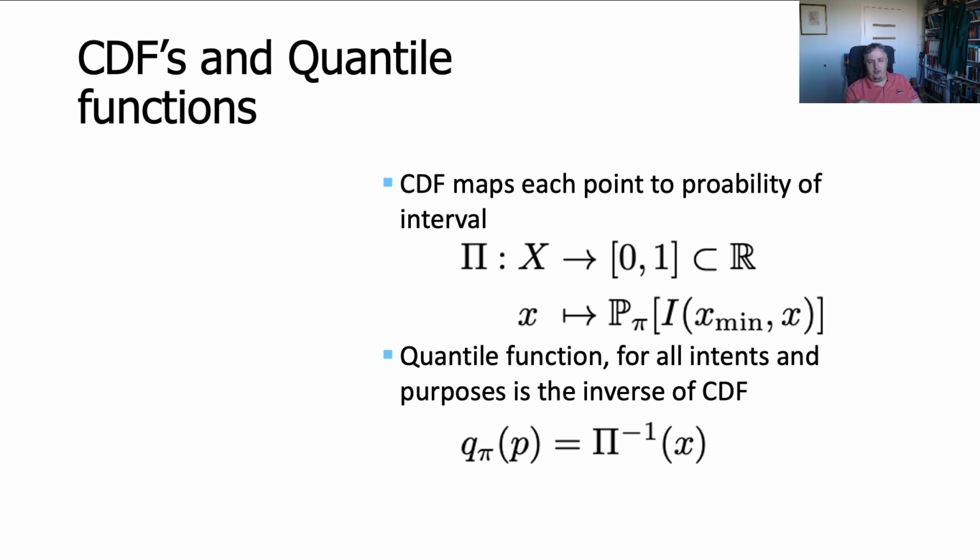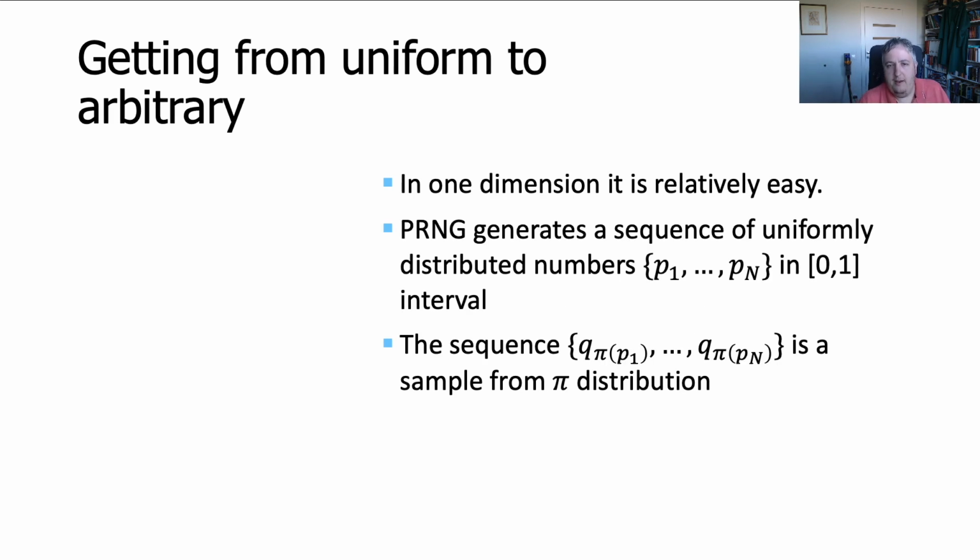Having a quantile function just says, given a probability P, what is the number under which all values would be lesser than that to get that probability. And why do we want the quantile function?